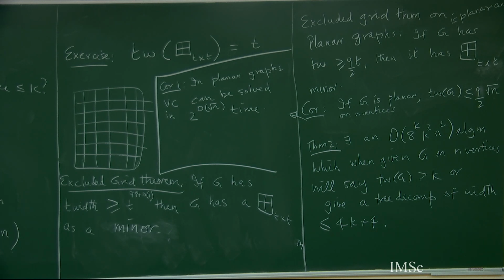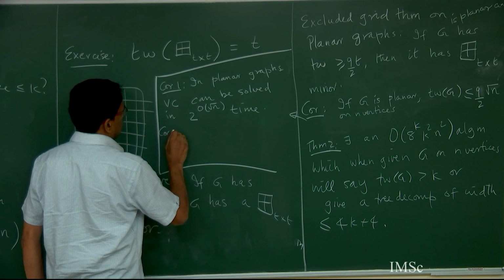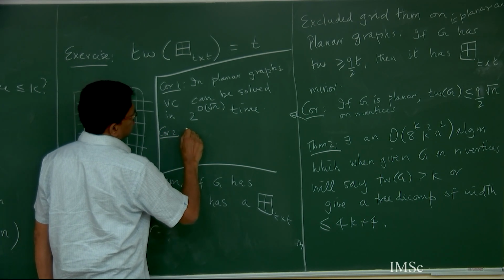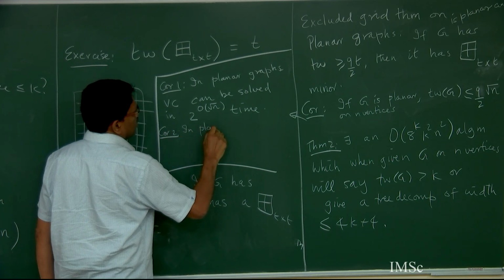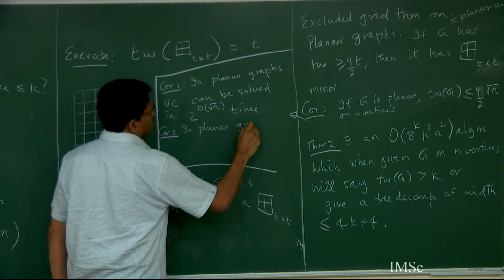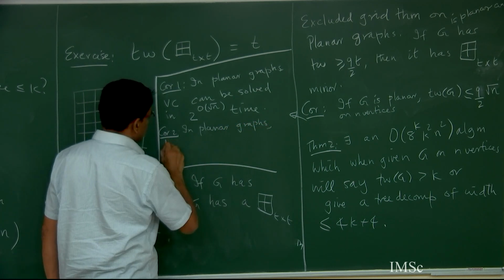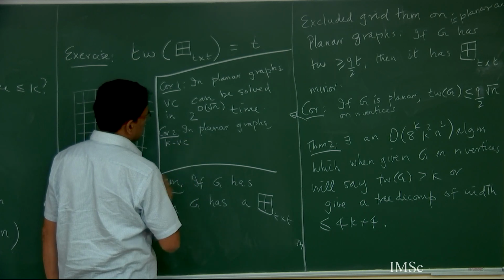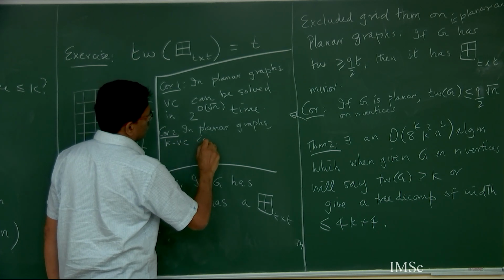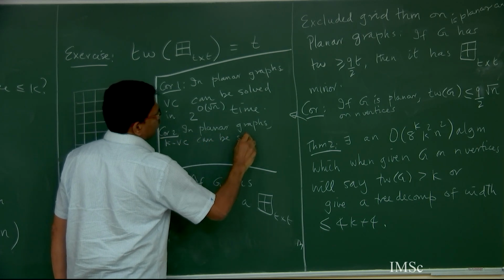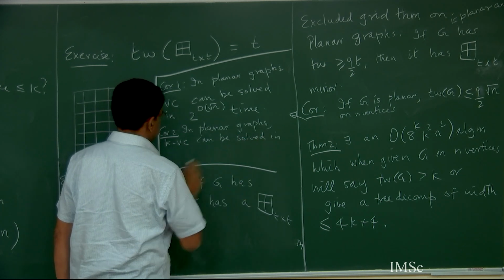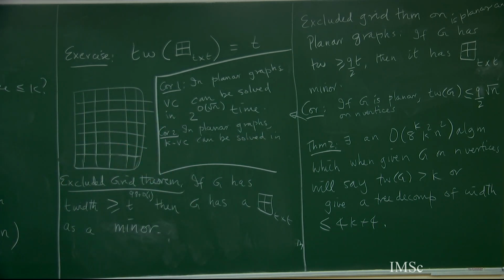How much time do I need to solve the parameterized question? Suppose I care about, in planar graphs, I want to know whether the graph has a vertex cover of size k. You need to at least use a couple of things you learned.